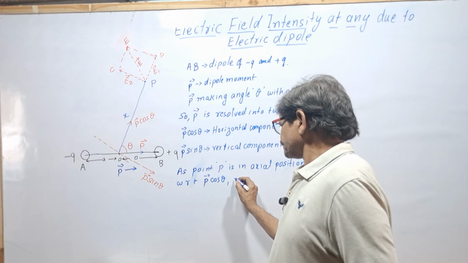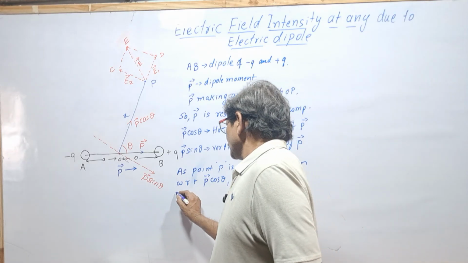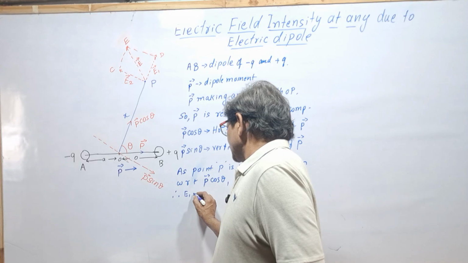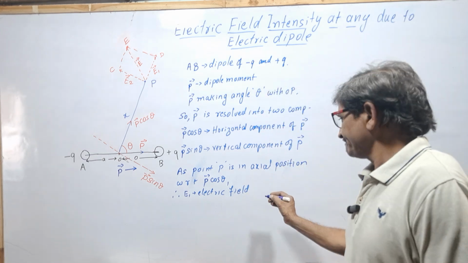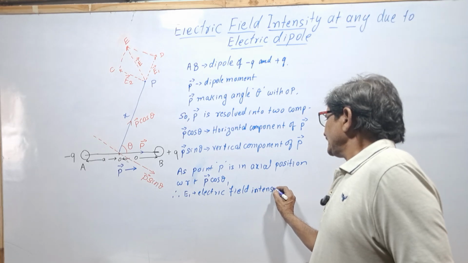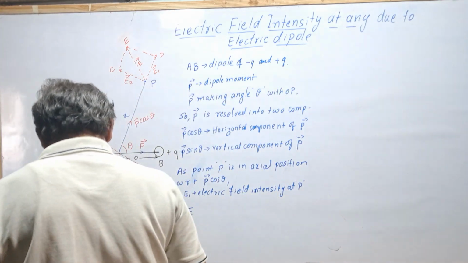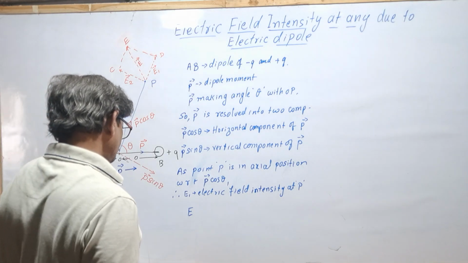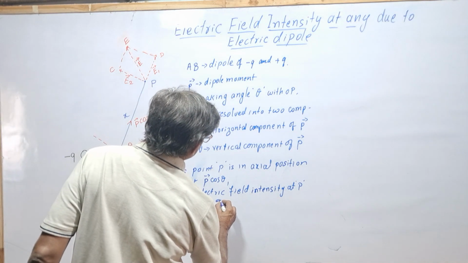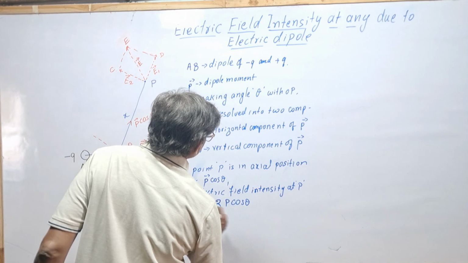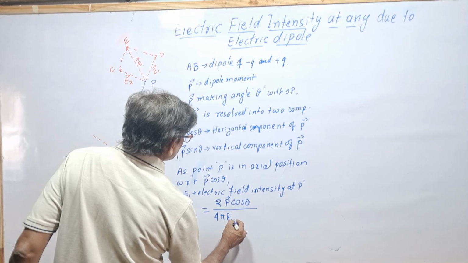Therefore the electric field intensity E1 at P, according to the axial derivation, is 2 P cos theta, the component of the dipole moment vector, divided by 4 pi epsilon naught r cube.